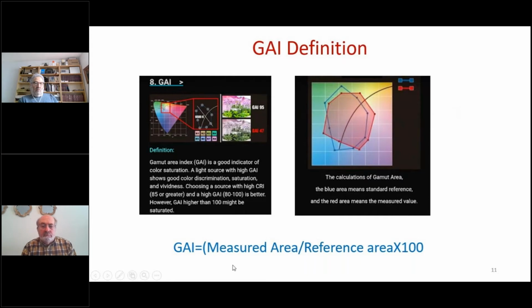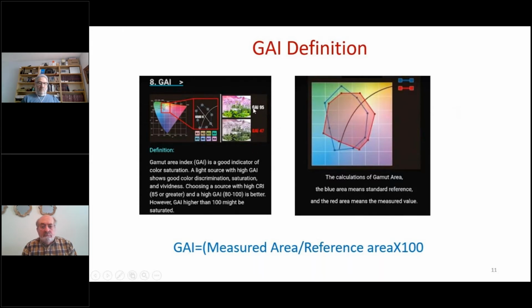So the ratio of the measured area of the test source by the measured area of the reference, times 100, will give you the GAI parameter. So if it is a low GAI, it means that it's desaturated.